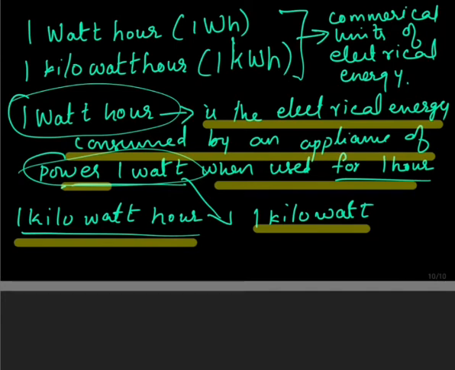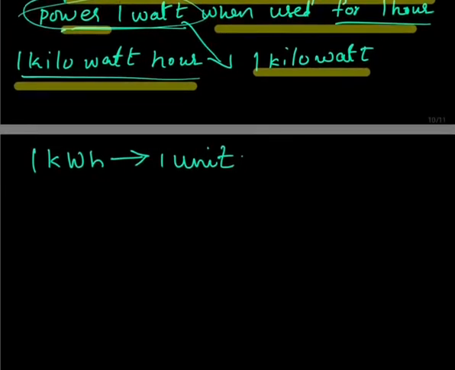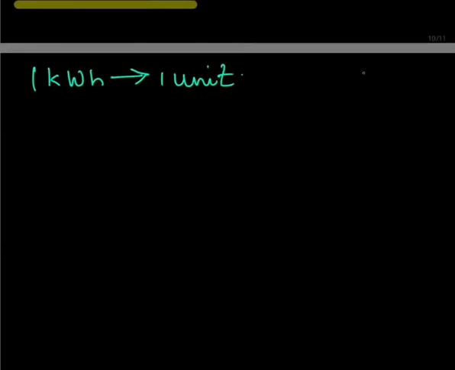Now this kilowatt hour, the bigger unit or commercial unit of electrical energy, is usually represented using another term, that is 1 unit. When we get the electricity bill, we say we have consumed 100 units of electrical energy, or maybe we used 150 units. So there, this unit actually represents what? This 1 kilowatt hour.